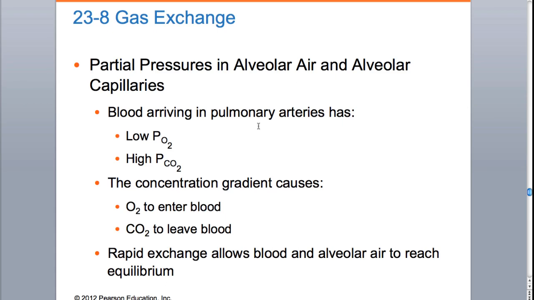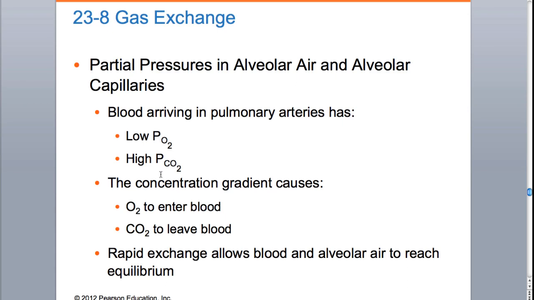Now notice what it says here. Blood that is coming into the lungs. So the dirty blood or the deoxygenated blood that's coming into the lungs has a high partial pressure. High in comparison to who? The outside air.